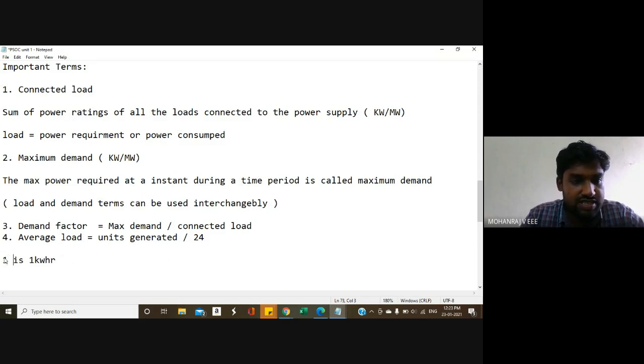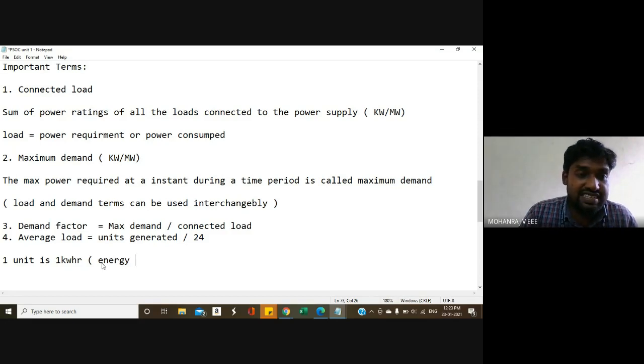We are representing energy, so the unit of electrical energy is the unit. So 1 unit is equal to 1 kilowatt hour. So we are discussing energy. Energy generated by 24, that is your average load. Hope you understand.